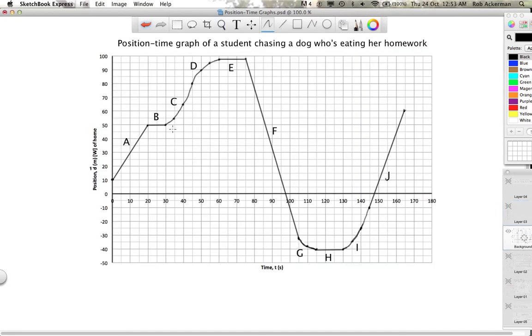Furthermore, when you see curved intervals like C, D, G, and I, there's no way you can talk about the velocity because there's changing velocities, there's many velocities, there's no single velocity. So you might want to practice drawing your tangent lines and calculating your slopes to get an instantaneous velocity at a given instant.